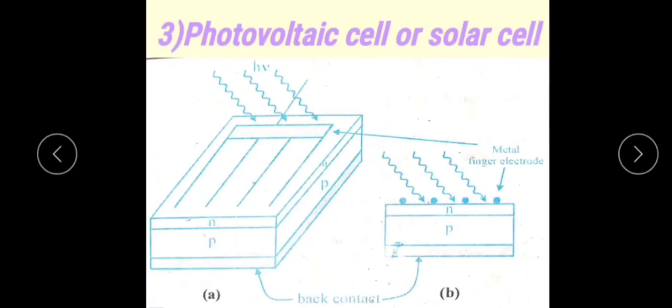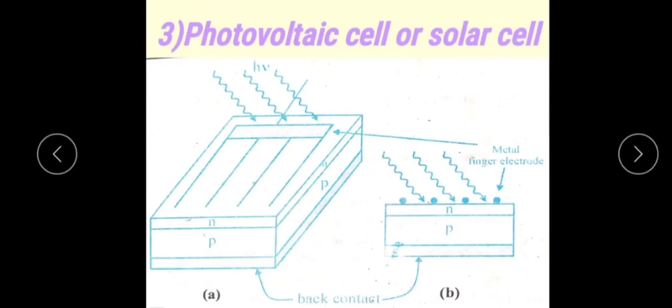The other side of the P side is coated with metal, known as the back contact. This is represented here.